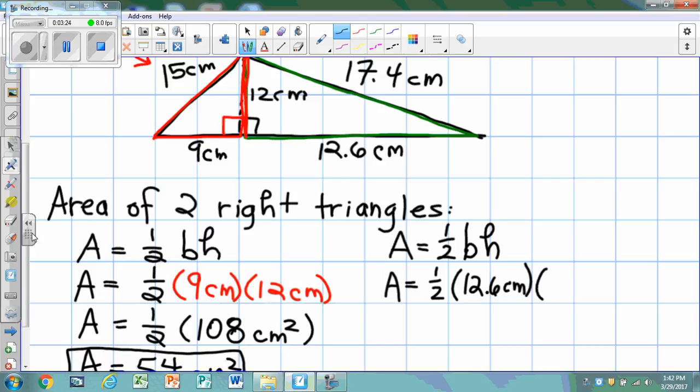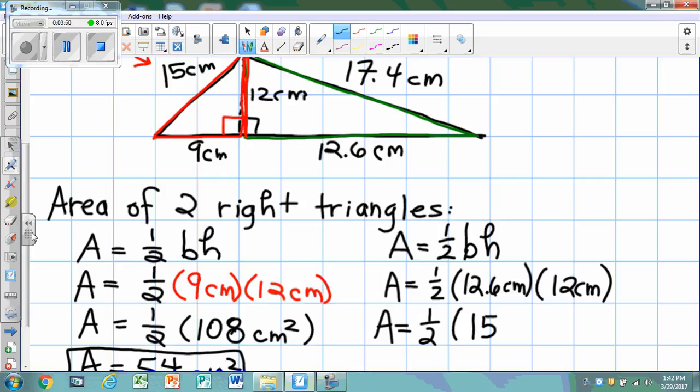12 centimeters. If you're using 17 and 4/10, you're forgetting what we just went over. What's the height? 12 centimeters. The height is where we're making that right angle. So what is 12 and 6/10 times 12? 151 and 2/10 centimeters squared.